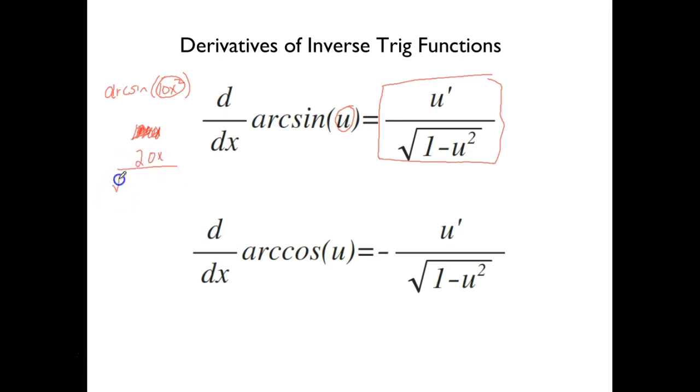Over the square root of 1 minus u squared, which is 10x squared. You can simplify that. The only thing you can do is square everything in there. So you could write this as 20x over the square root of 1 minus 100x squared. That's about as far as you can go.